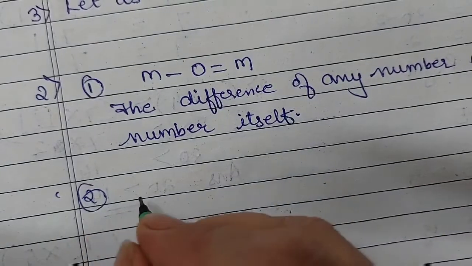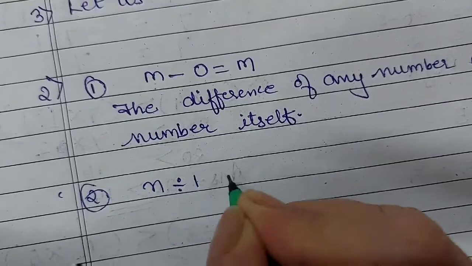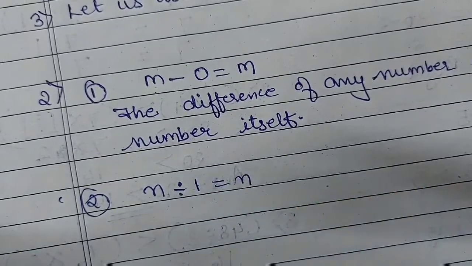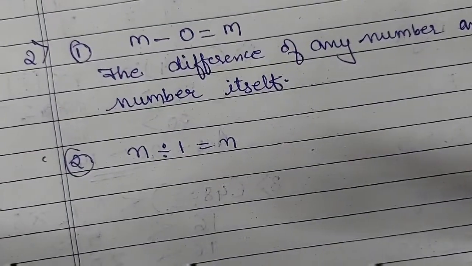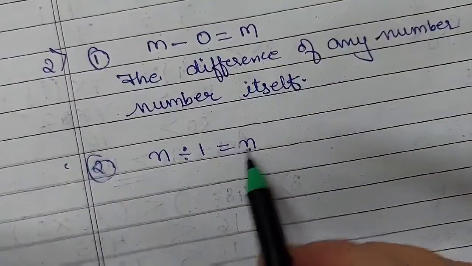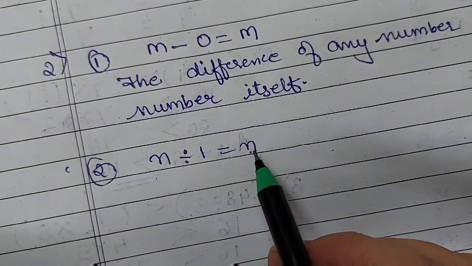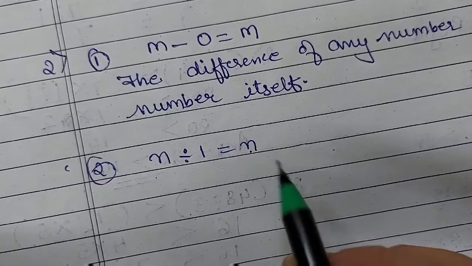Now coming to the next question, n divided by 1 is equal to n. Now how to write this in statement form? We can write, now this is the quotient, no? When you divide n by 1, the answer is n. So n is the quotient.